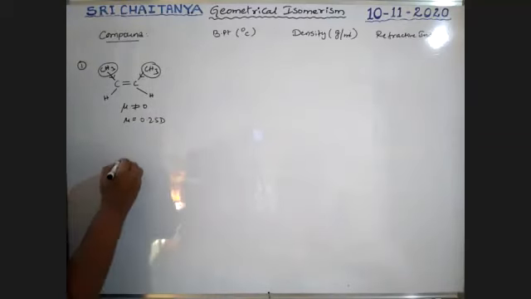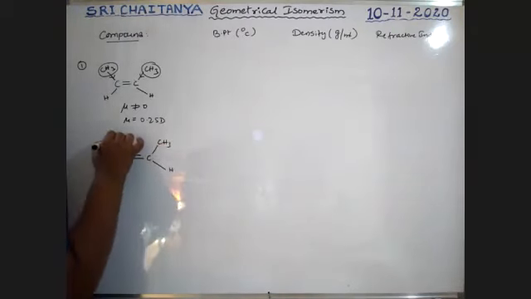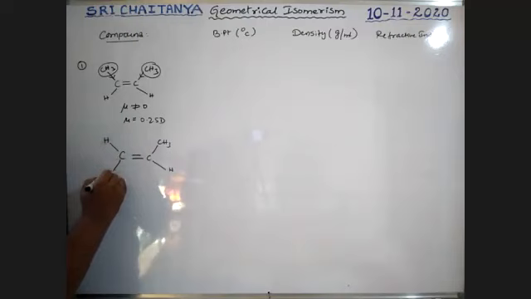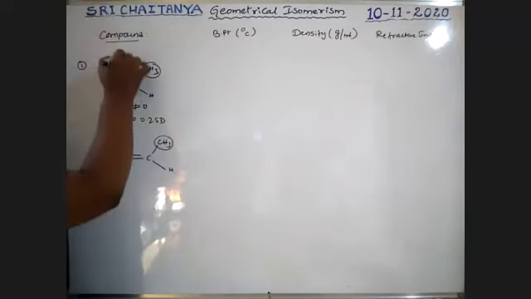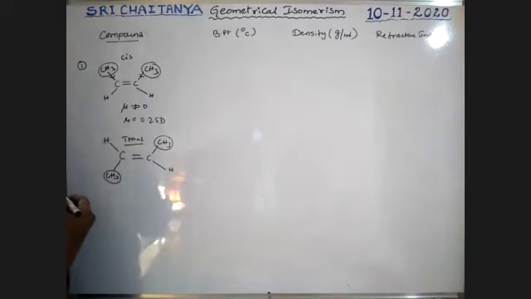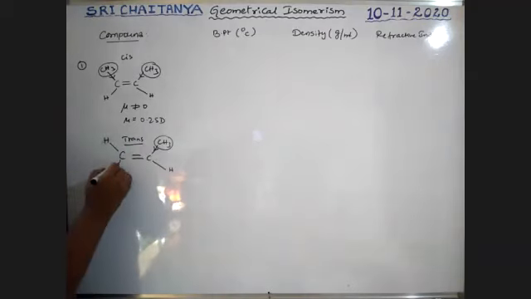For example, I'm taking a compound like this. Sorry, a trans compound I am taking. It is H, it is CH3. This is a methyl group, this is a methyl group. This is a cis compound, this is a trans compound. This methyl group is pushing like this, and this one is pushing like this.